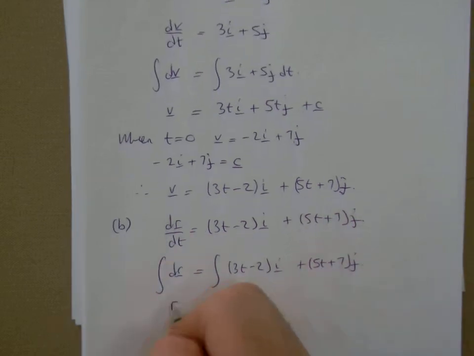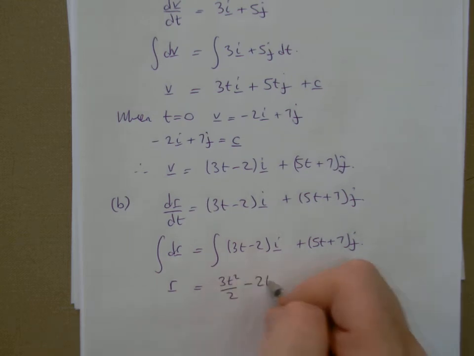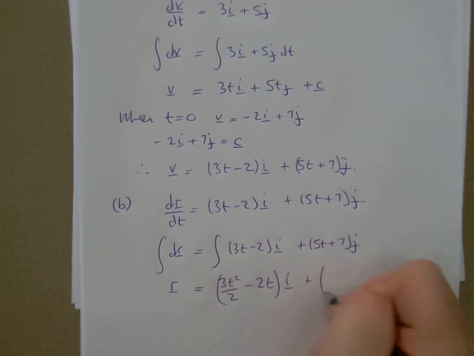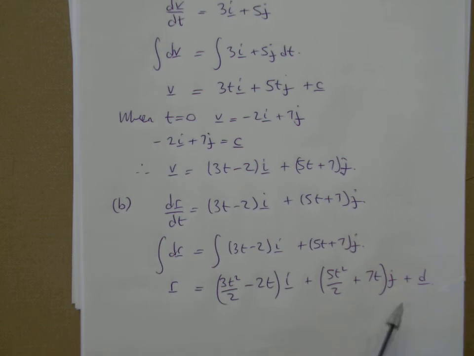I get r equals 3t squared over 2 minus 2t i plus 5t squared over 2 plus 7t j plus my constant. We call this constant d because I'm integrating again, so it's a different constant, different to c from before.